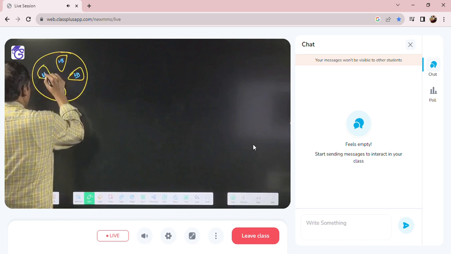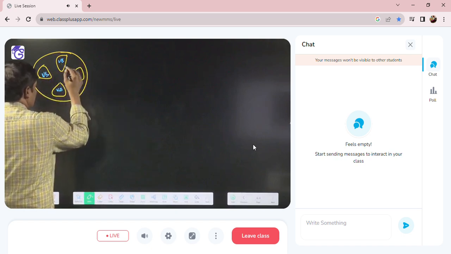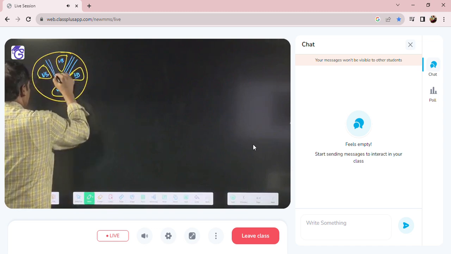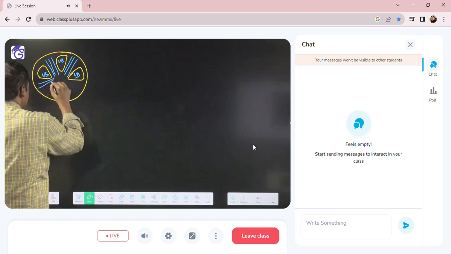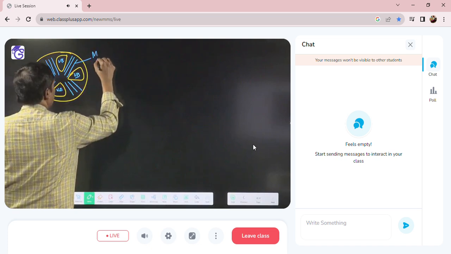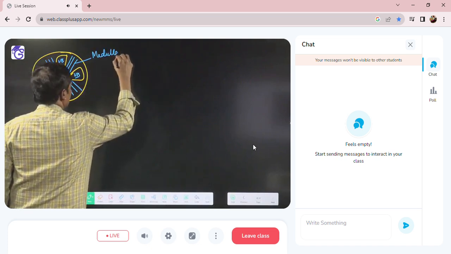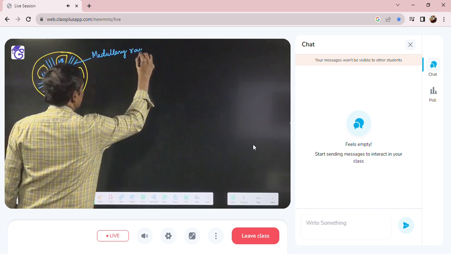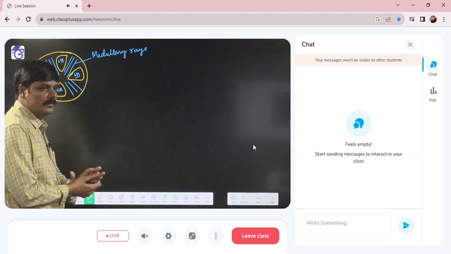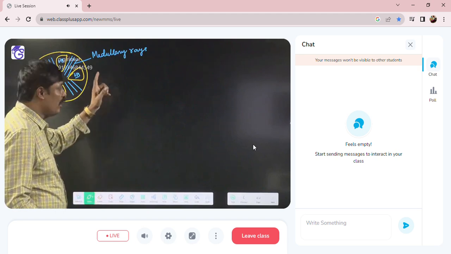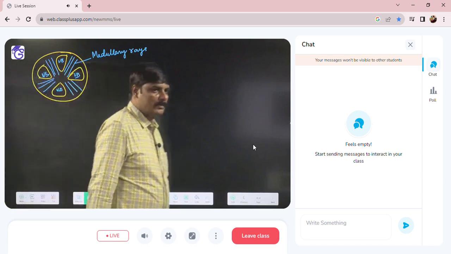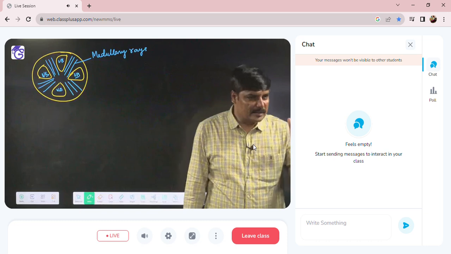Between the vascular bundles in the dicot stem, there are parenchymatous cells called medullary rays. These medullary rays are formed by the differentiation process. Medullary rays are nothing but parenchyma.